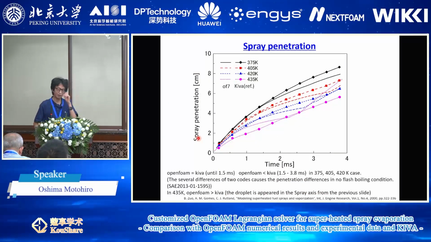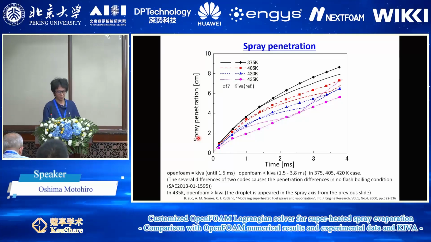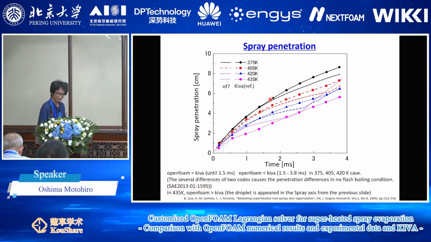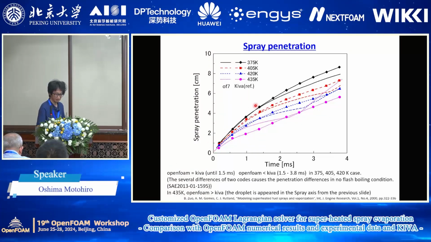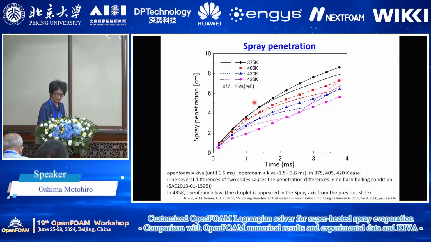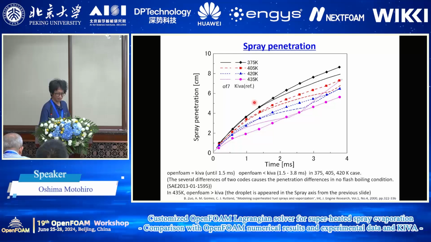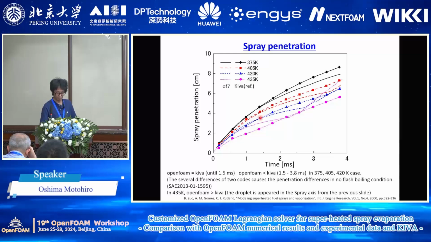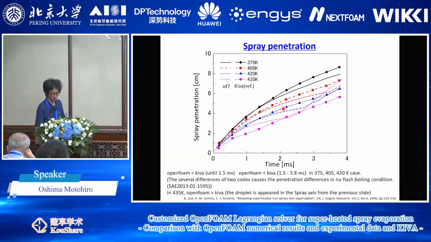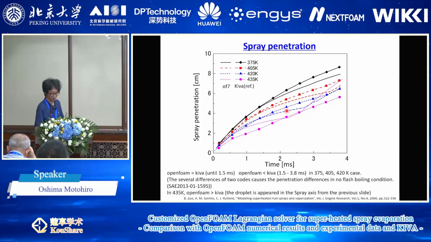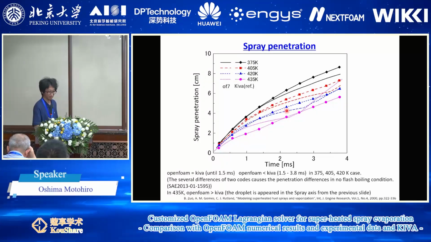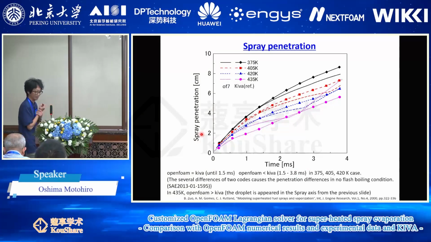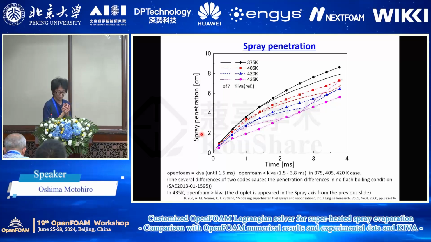This slide shows spray penetration compared with Kiva. The OpenFOAM result is almost the same as Kiva until 1.5 milliseconds, and is lower than the Kiva result from 1.5 to 3.8 milliseconds in three cases.